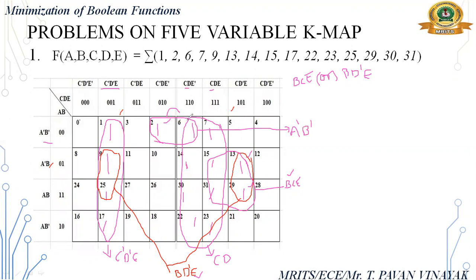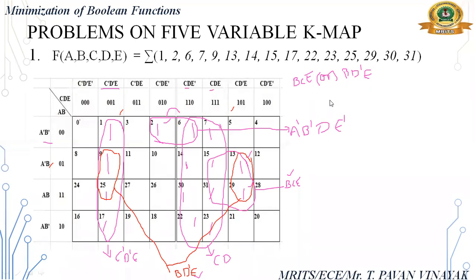And common from these two is D E bar. Okay. So how many do we get? One octet. Quads, how many? One, two. Okay. Two quads. One octet, two quads, and one pair.